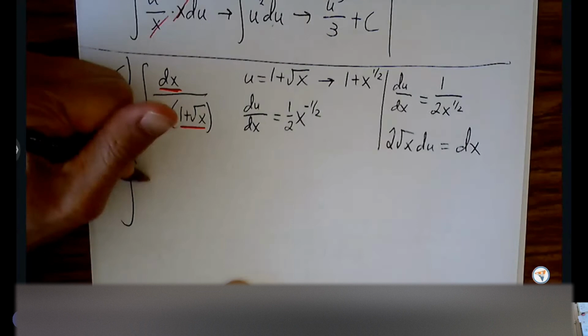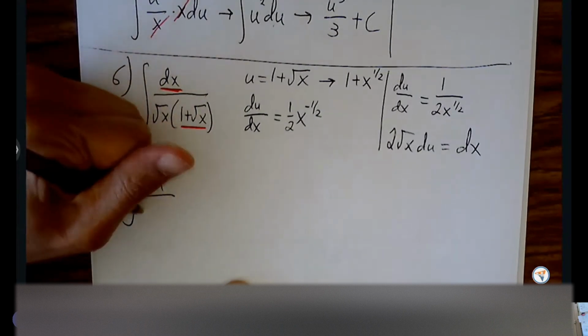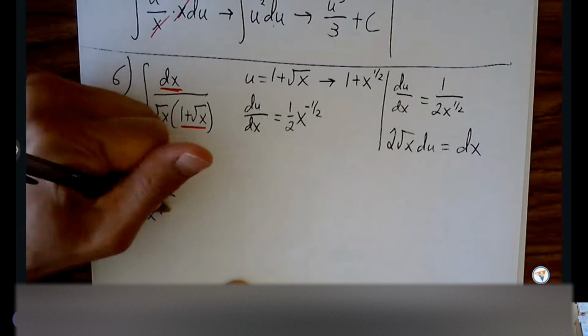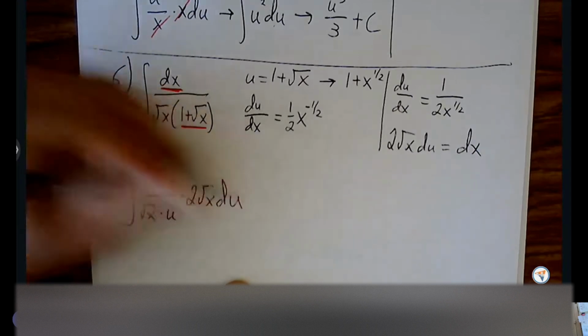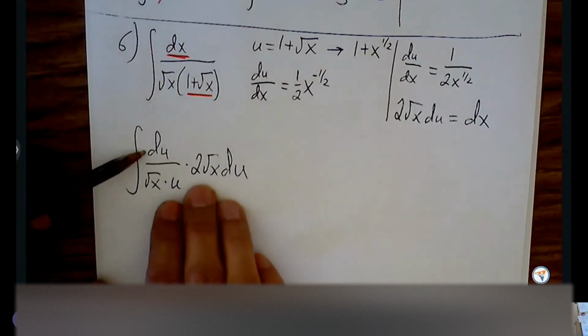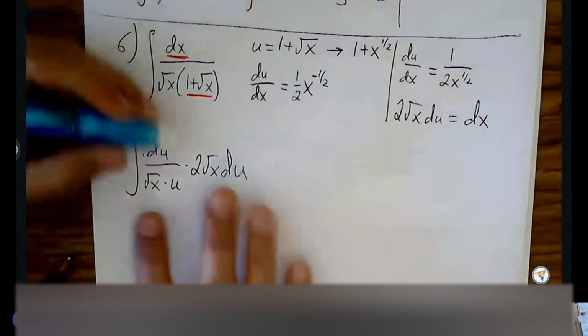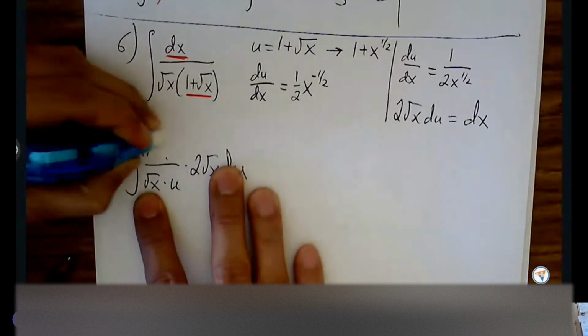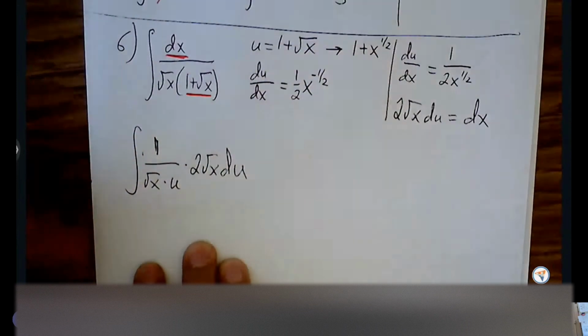All right, so replace what I underlined here. So du over root x, the root x stays. I'm sorry, I put a du here. I pushed that dx out. But you can leave it in the numerator. But if I want to do that, I got to put a 1 here.